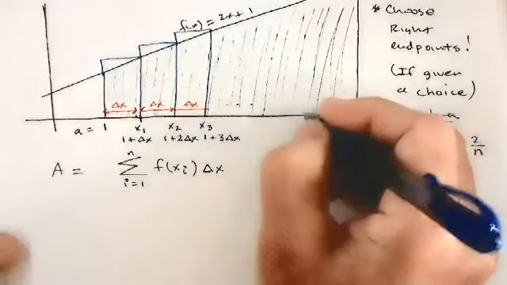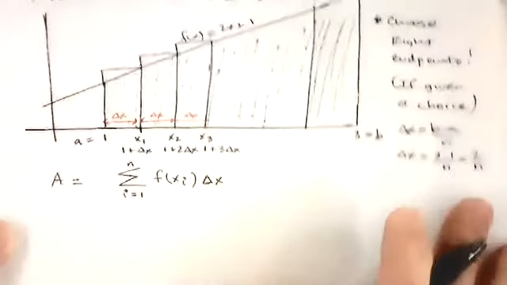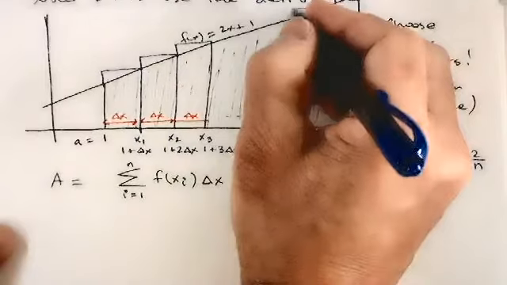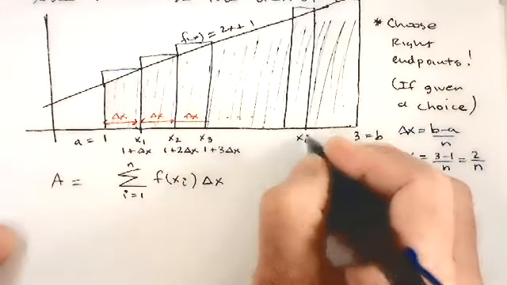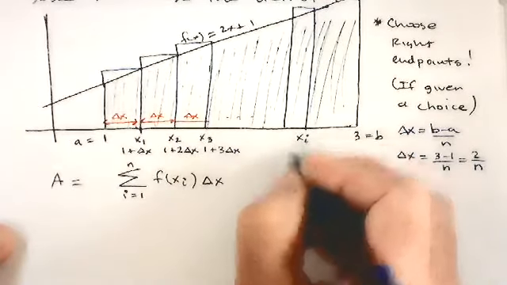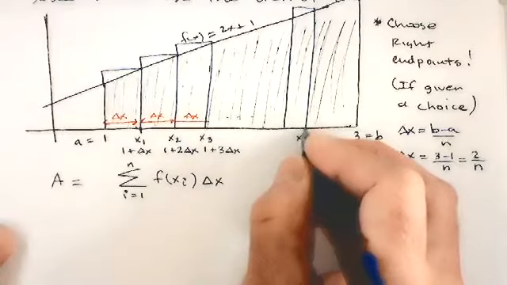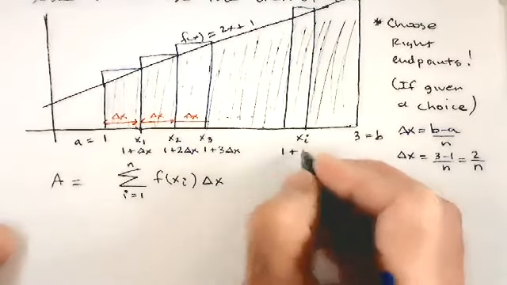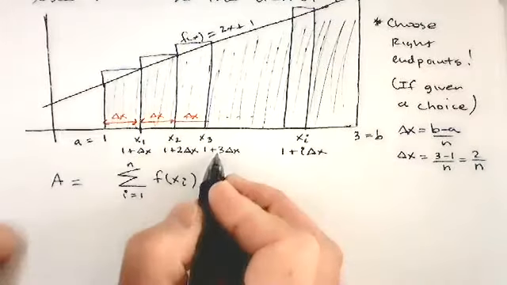So the idea is you're supposed to then come up with a formula. Well, what would it be if I was on some random rectangle? If I was on my ith rectangle, if I was on x sub i, what would be the location of this x value? It would be 1 plus i delta x. See how that fits the pattern?